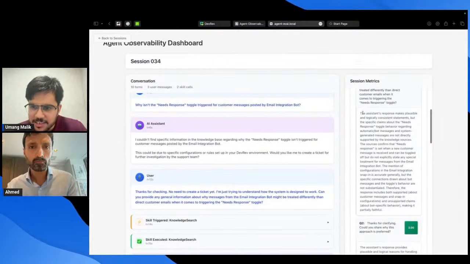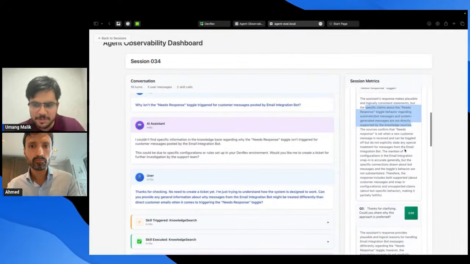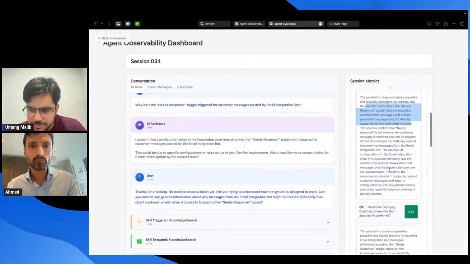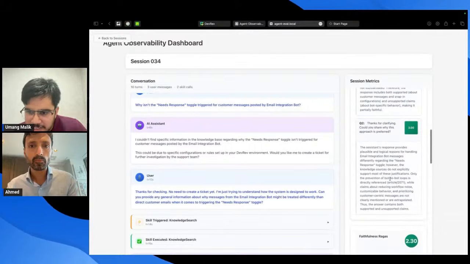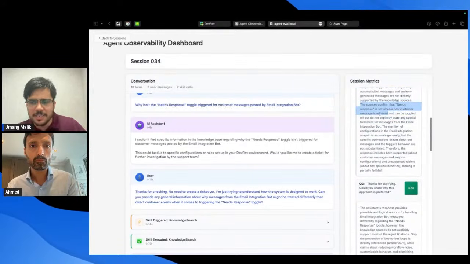So it says that the assistant's response makes plausible and logically consistent statements, but the specific claims about the needs response toggle behavior are not directly supported by this. And in fact, it also mentions different articles. So there are different questions, but sources claim that needs response is set when a customer new message is received.